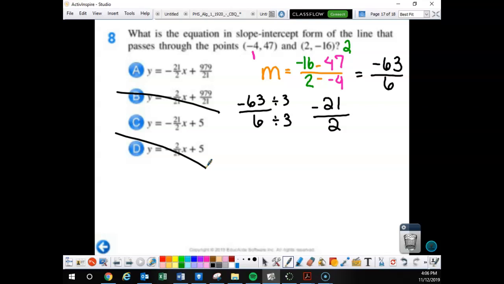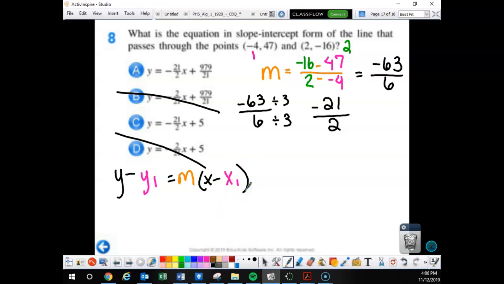And then I'm going to plug this into my point slope formula. And that's y minus y1 is equal to m times x minus x1. Okay.